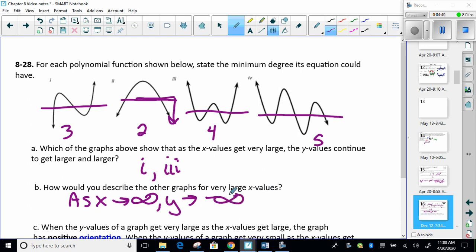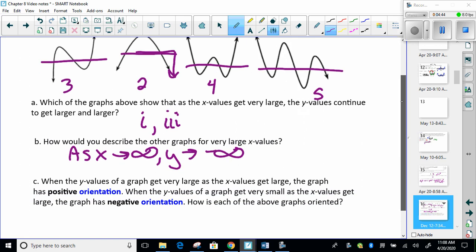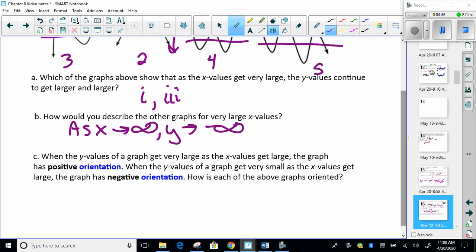Think about it as end behavior. Your y value decreases. And this deals with that orientation which I've been talking about. So when the y values of a graph get very large as the x values get large, so as x approaches infinity, y approaches infinity, the graph has a positive orientation. And you may want to add this into your notebook.